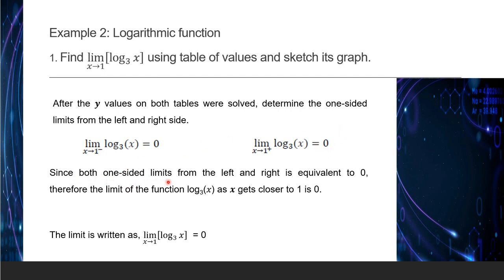So since both one-sided limits from the left and right are equal to 0, therefore the limit of the function logarithm of x to the base 3 as x gets closer to 1 is 0. So the limit is written as the limit of logarithm of x to the base 3 as x approaches 1 is equal to 0.